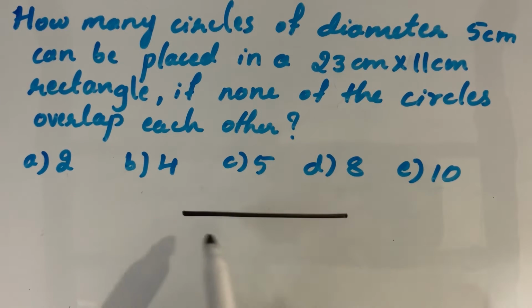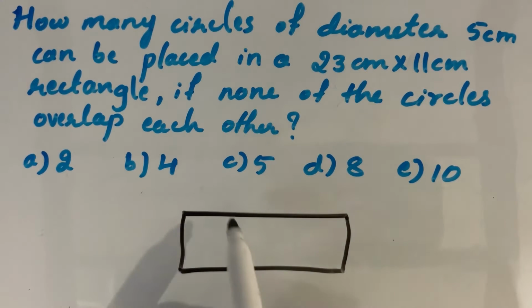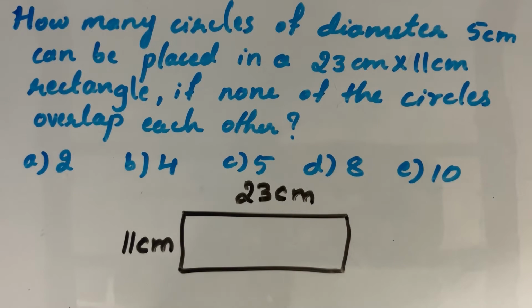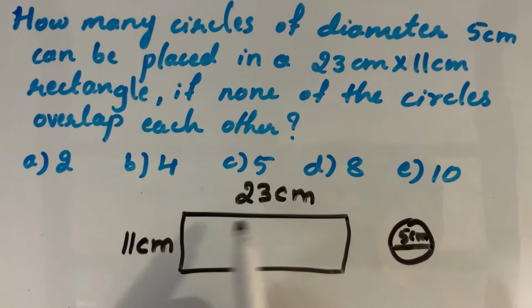A rectangle 23 cm by 11 cm, meaning length 23 cm and width 11 centimeters. How many circles of diameter 5 centimeters can be placed in this given rectangle? And also, none of the circles should overlap.